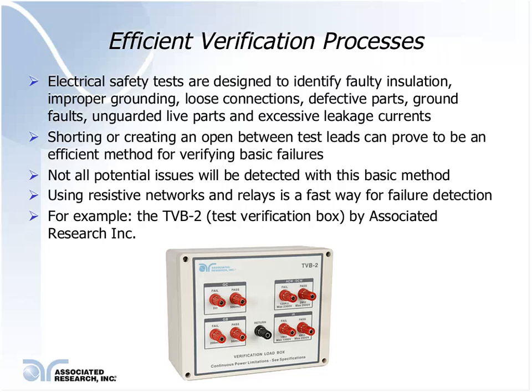Therefore, having a simple network of resistors and relays can actually provide an easy means for an operator to check the functionality of the unit by just dropping potential across these resistive networks and setting limits such that the verification tests would fail.